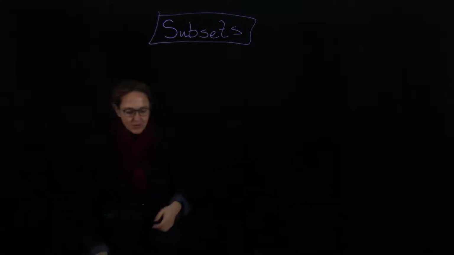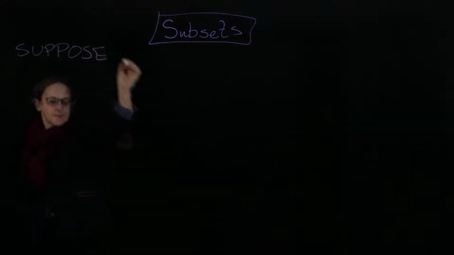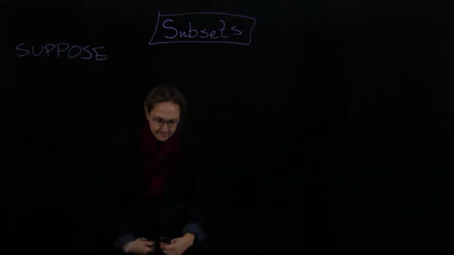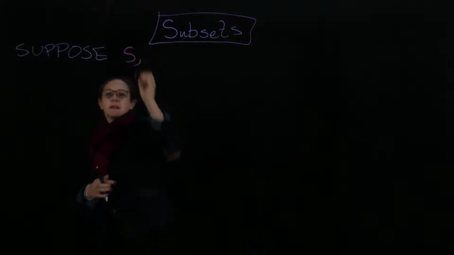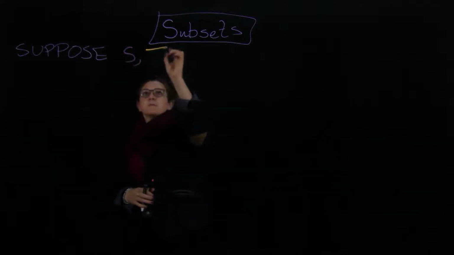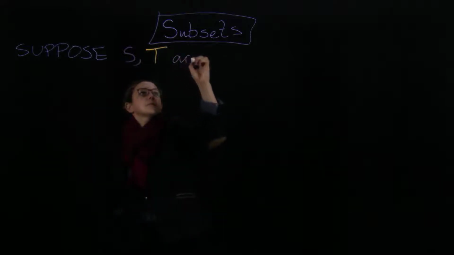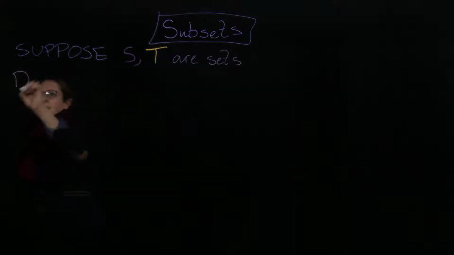Okay, so suppose that we have two sets. So we have that S and T are both sets. Then here's the definition.